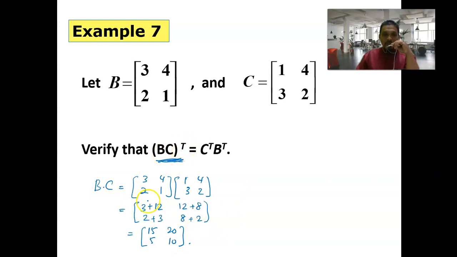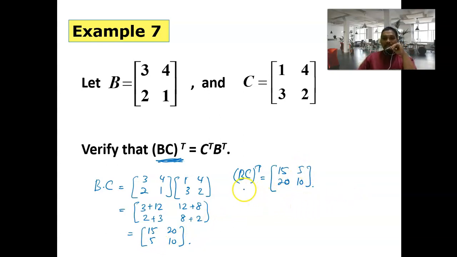So we transpose the result of this, (BC) transpose. Then the row 15 and 20 becomes the first column, 15 and 20. And then the row 5 and 10 becomes the second column, 5 and 10.